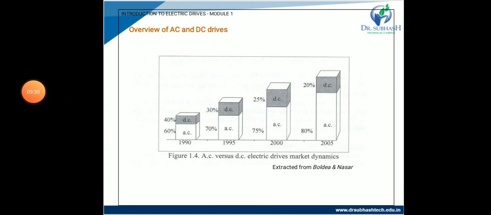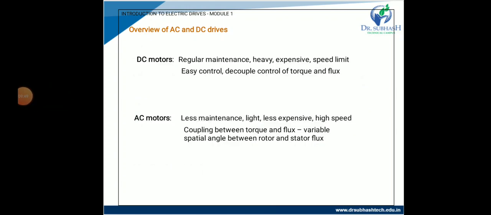In 2005, now the change is directly to 80% AC drives and 20% DC drives. So there are many applications of AC drives in electrical drives. This is the impact of AC drives on DC drives all over the drives.